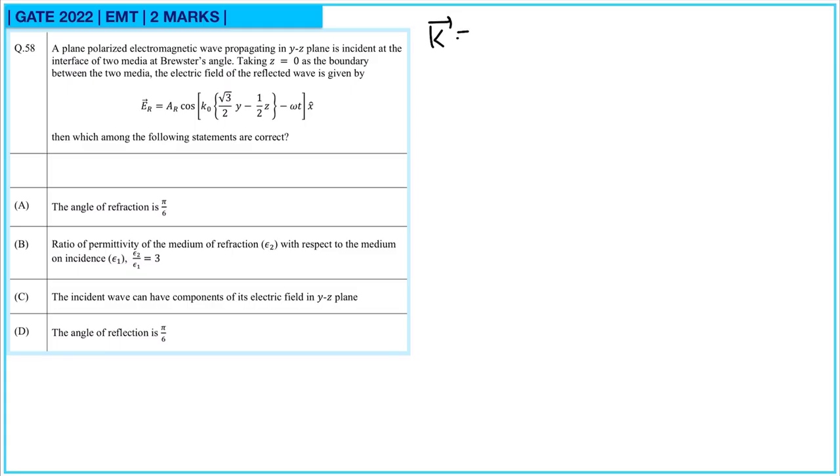So from here k bar is equal to k naught root 3 by 2 into y cap minus k naught into 1 by 2 into z cap. So this is k bar.